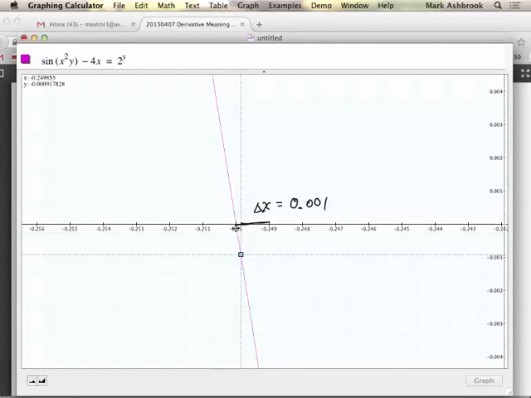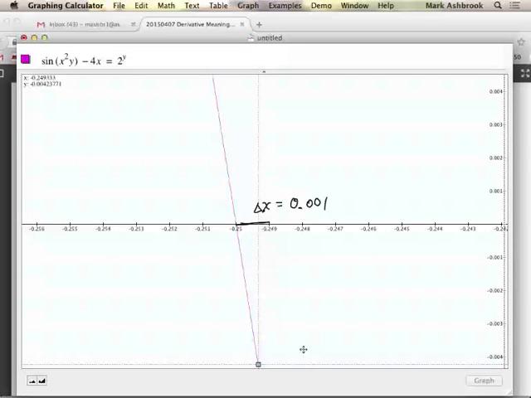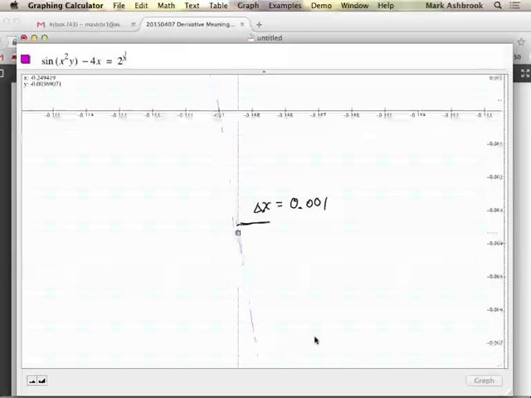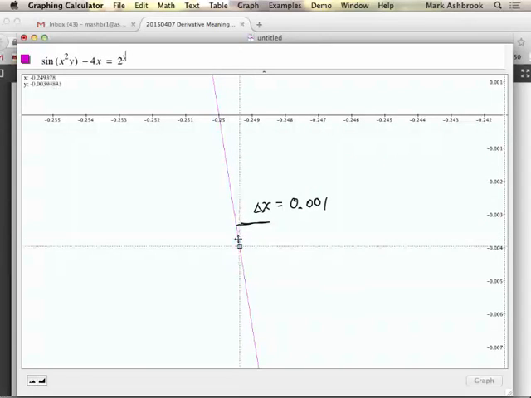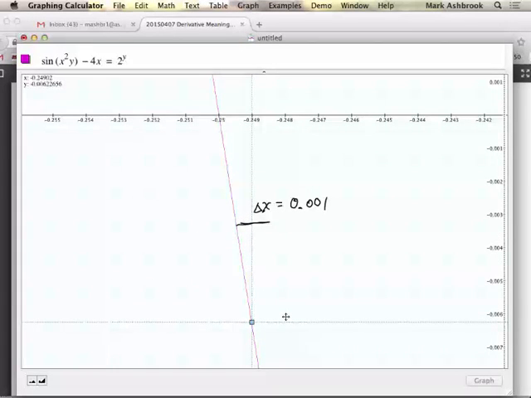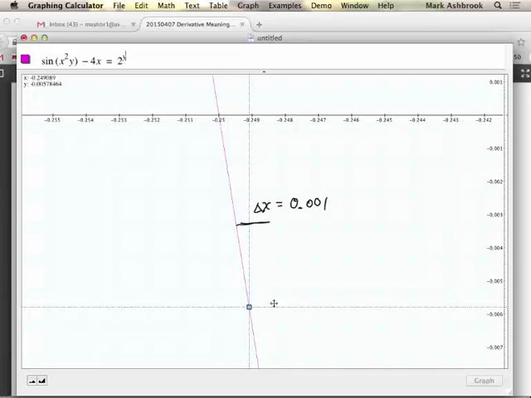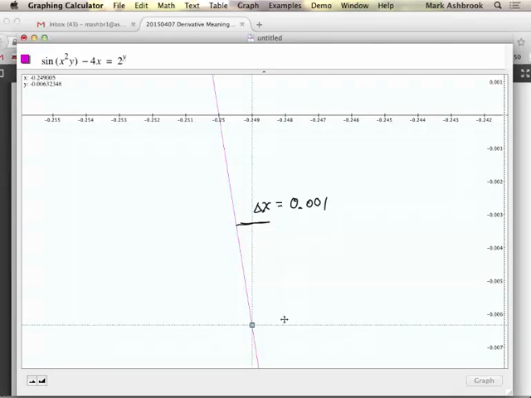And when I do that, okay, that's about it. And so delta y is the change in y. So now the delta x is up here, sorry.